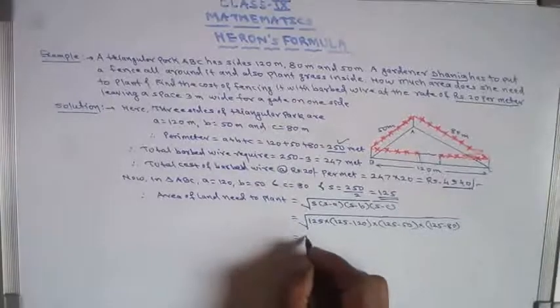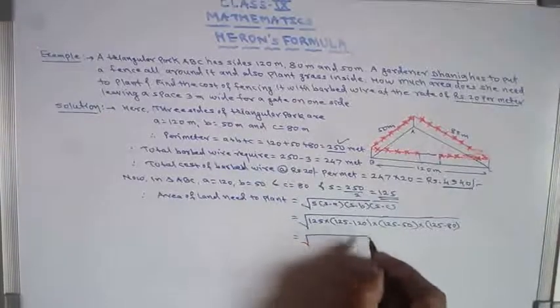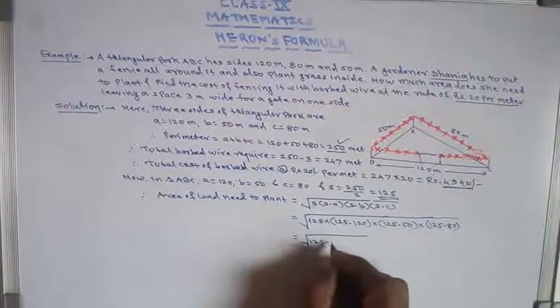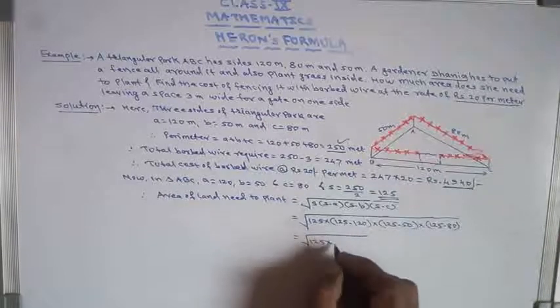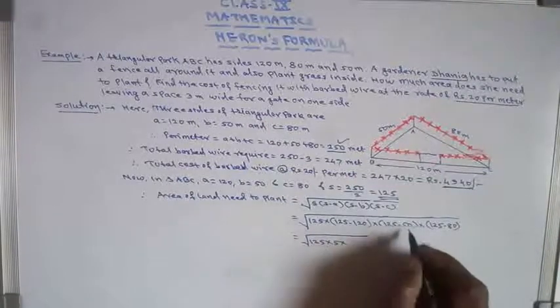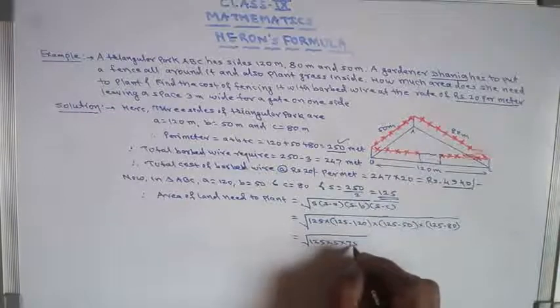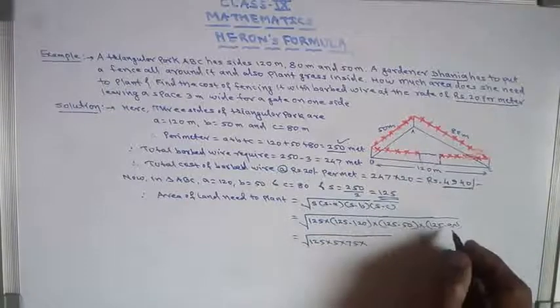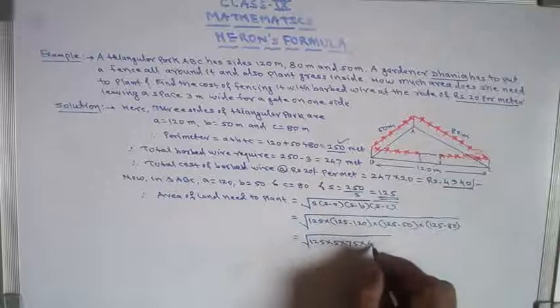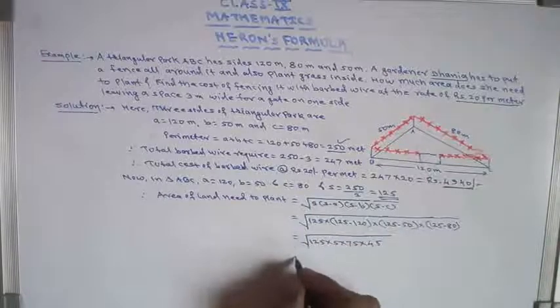So which comes under root 125 into 125 minus 120, that is 5, 125 minus 50, that is 75, and 125 minus this 80, that is 45.